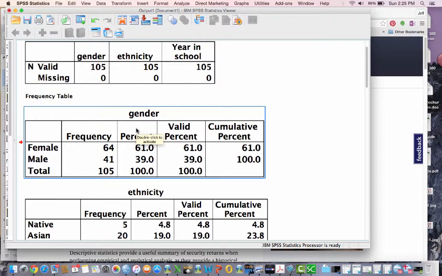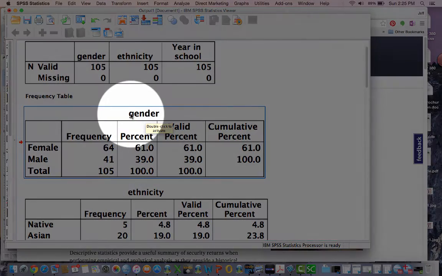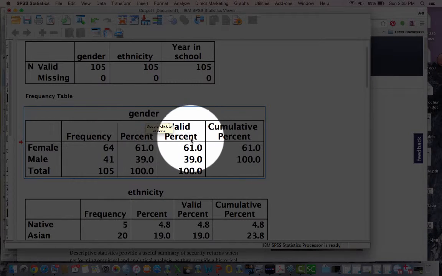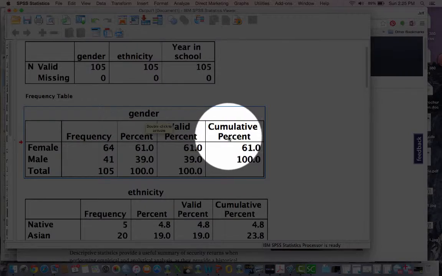An additional example is the variable gender, as noted here. On the left side, you will see the two values of female and male of the variable gender. Across the top of the columns, you will find frequency, percent, valid percent, and cumulative percent.